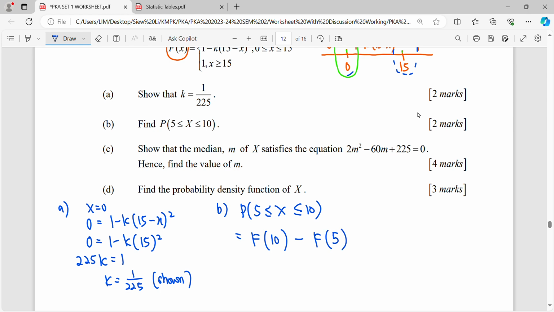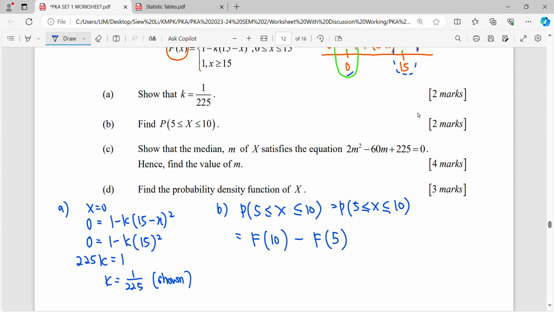Whether you're doing equals to 5 or not equals to 5, the probability will be the same. Bear in mind, this is continuous. We are finding the region. We cannot skip the number, because when you skip the number, you skip the decimals and the region in between.